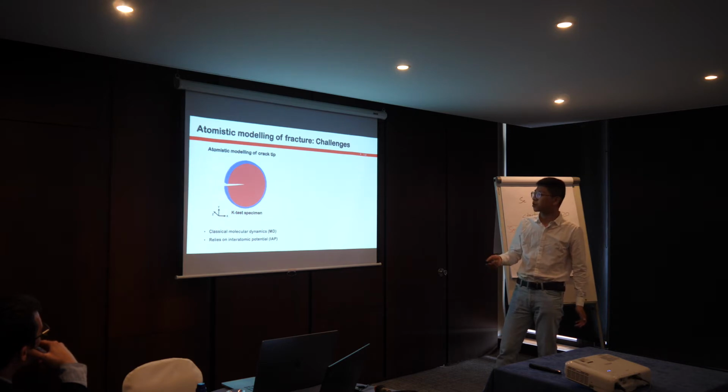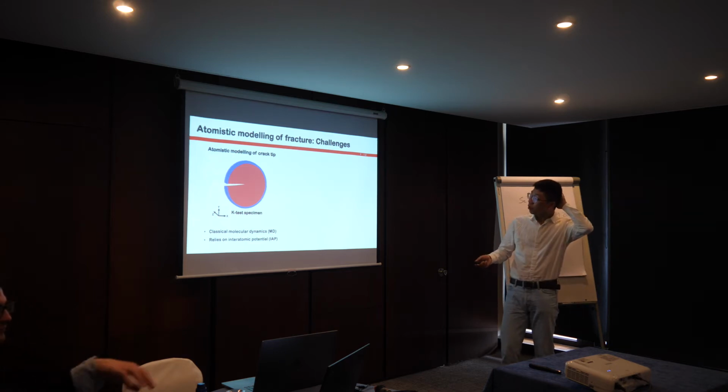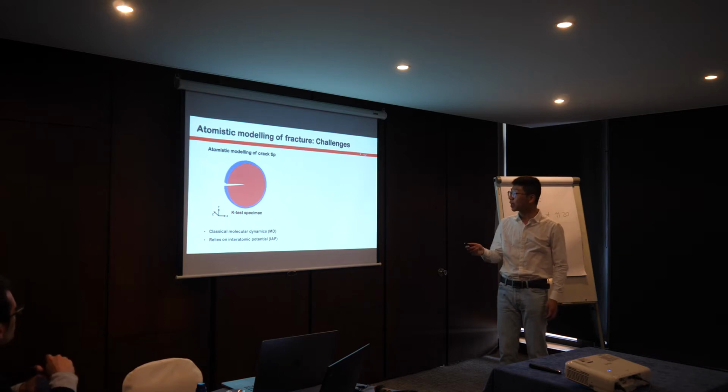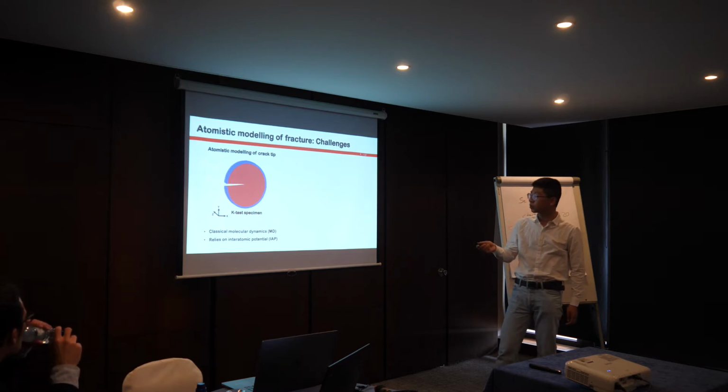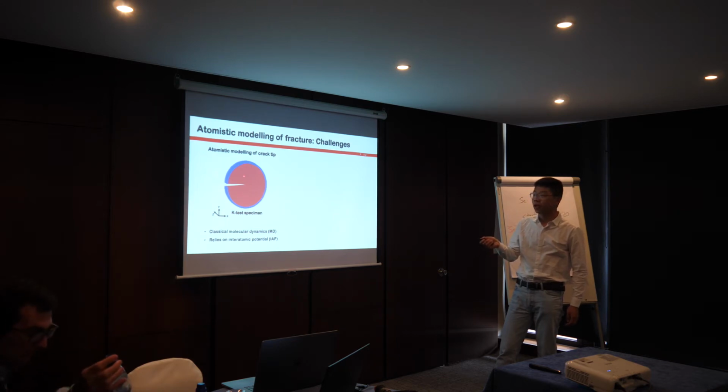It's difficult to capture that using microscopic techniques. So here we use classical molecular dynamics, in which the accuracy relies on the interatomic potential. The interatomic potential describes the interaction between the atoms in an atomistic simulation setup.